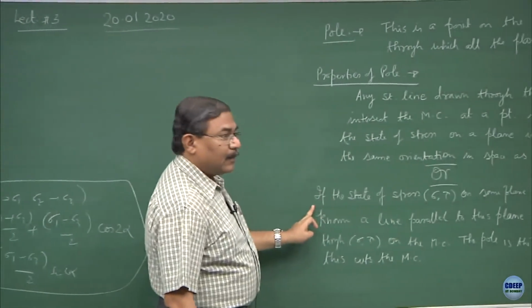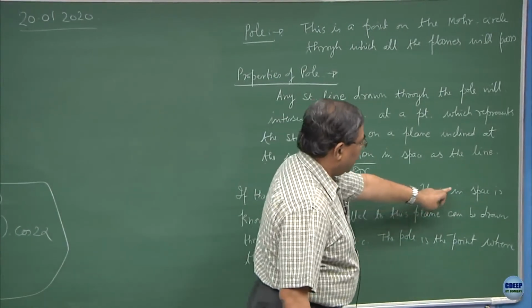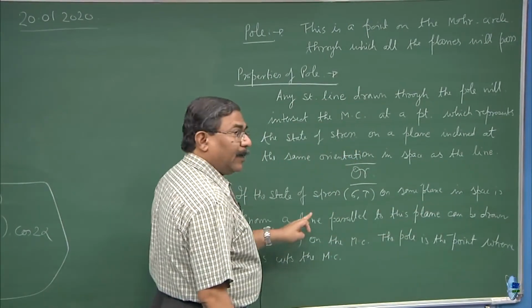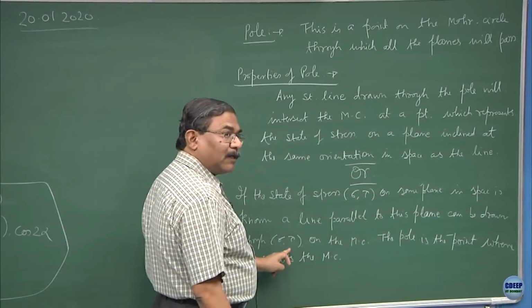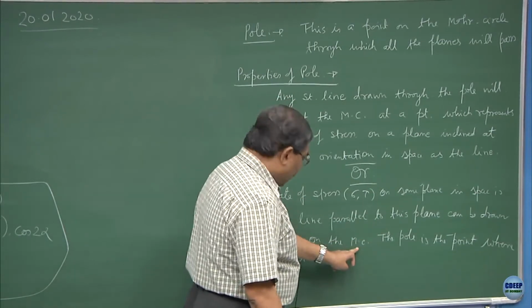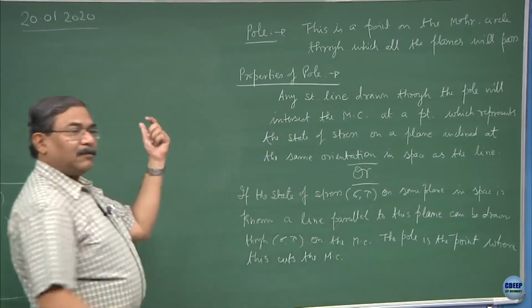Read this: if the state of stress on the plane in the space is known, a line parallel to this plane when it is drawn through the pole will, on the Mohr circle, also result in the state of stress of the material.